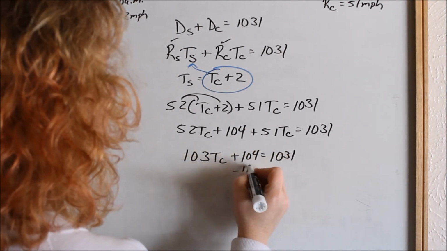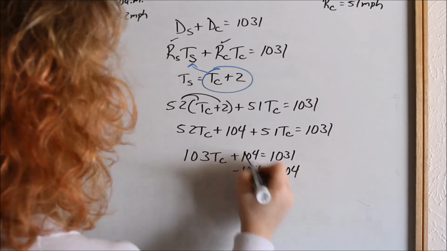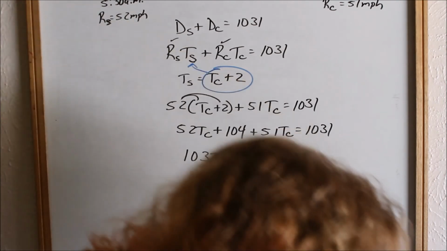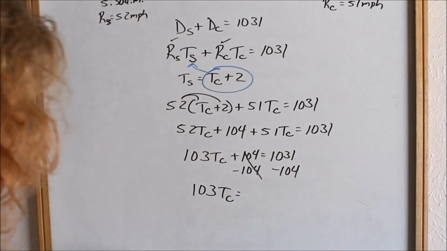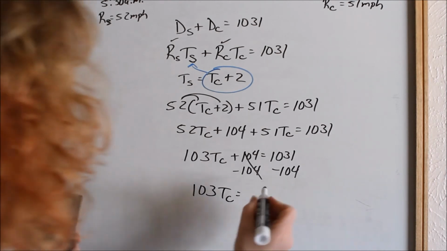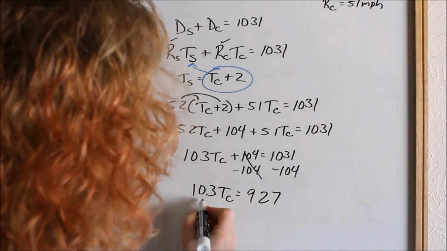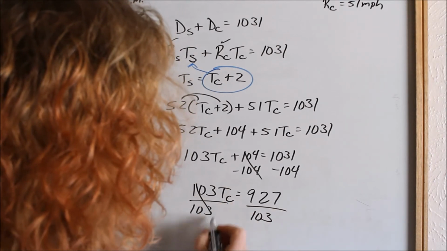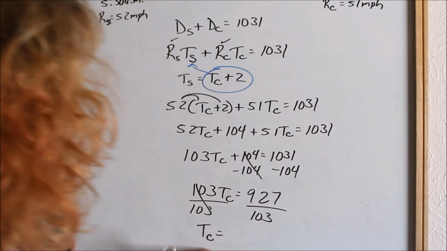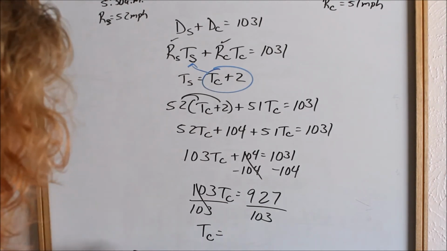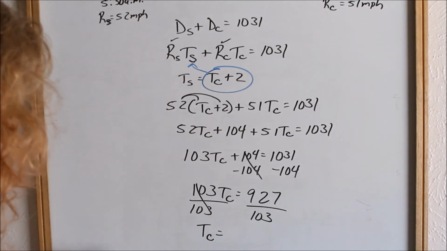We can subtract our 104 to the other side. 1,031 minus 104 is 927. Divide both sides by 103. So, how long it took Carolyn, remember this is not the time she left, but the time that it took her, how many hours.